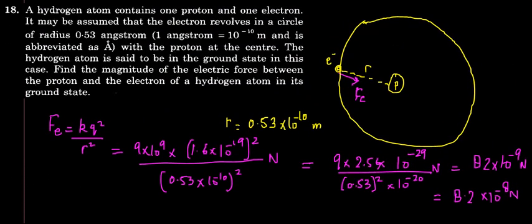This force is acting towards the center, so this electrostatic force is providing the necessary centripetal force for the electron to move in a circle.